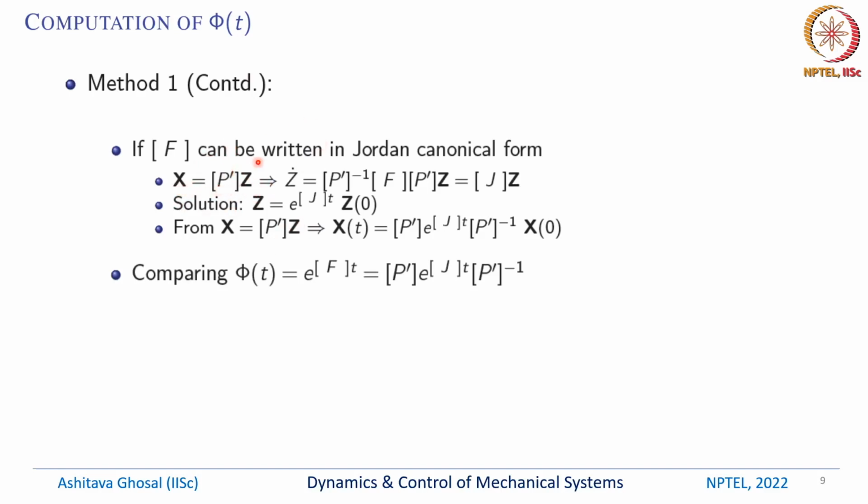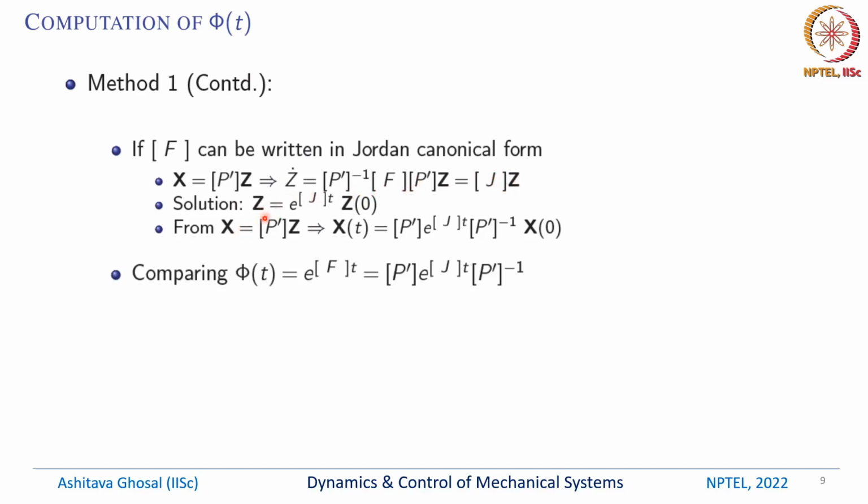So remember, when you have a Jordan canonical form, the P which was used with distinct roots is not the same when you have repeated roots. So that's why I'm using P prime here. So we can have x is P prime z. So hence z dot is P prime inverse F P prime z.